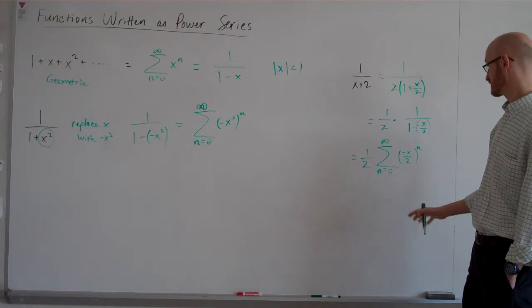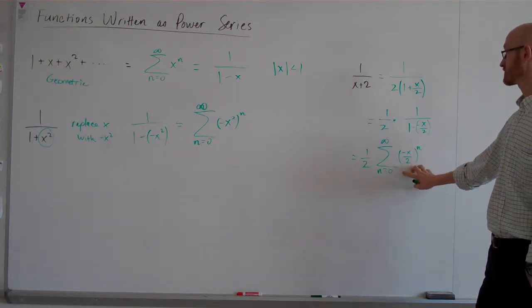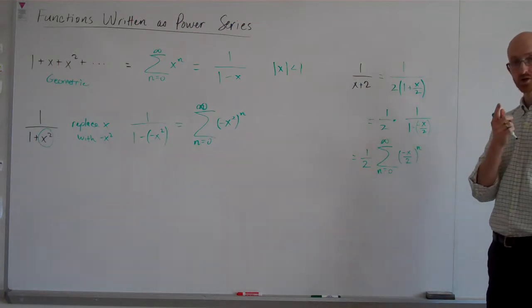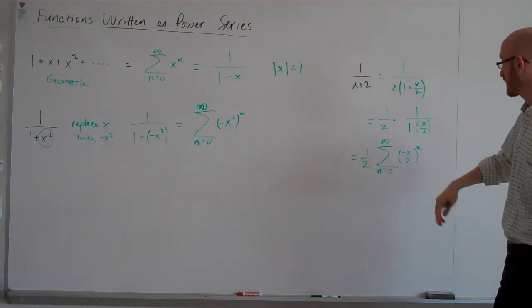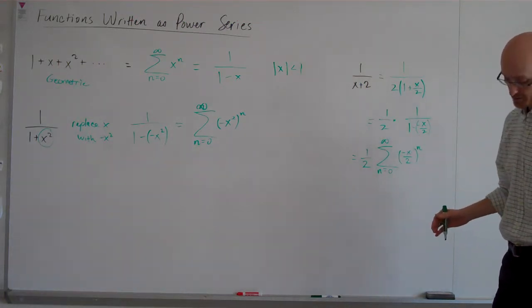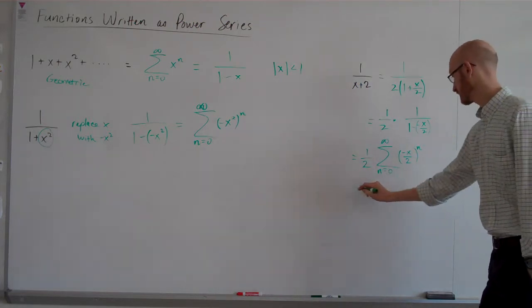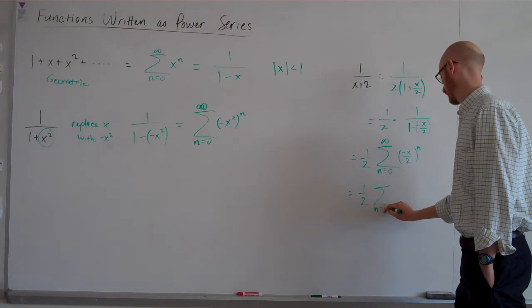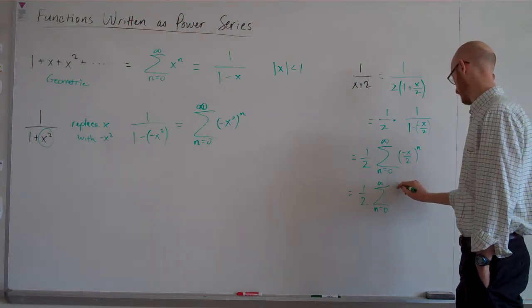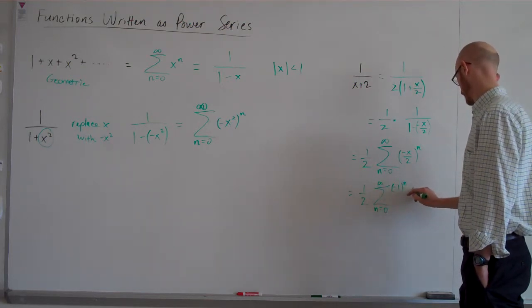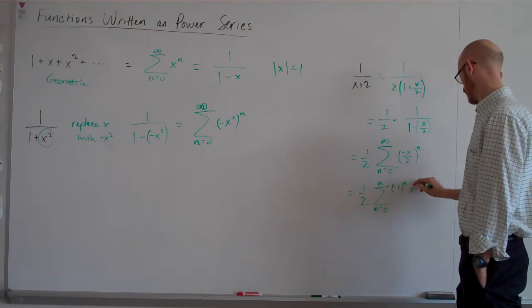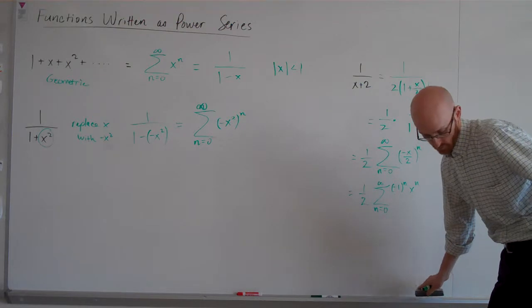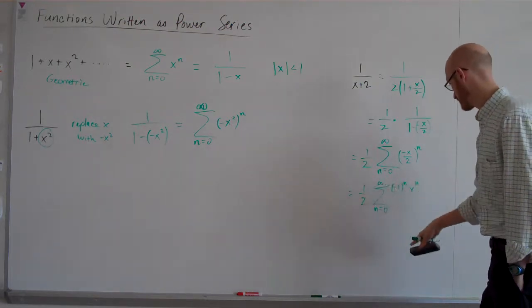And so this actually would be a power series representation of 1 over x plus 2. We can make this a little bit prettier by taking the negative 1 out, and maybe even this 2.